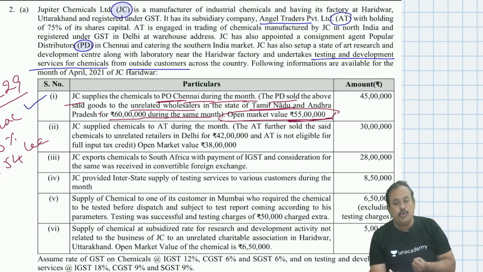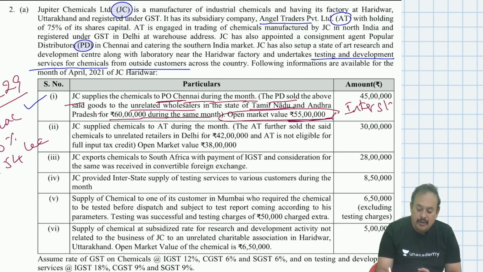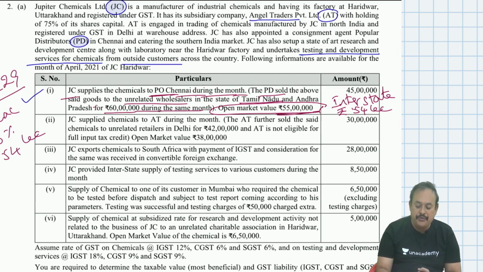namely JC, Jupiter Chemicals. So the valuation here is, it is interstate supply, the value here is 54 lakh. Interstate supply here value is 54 lakh.